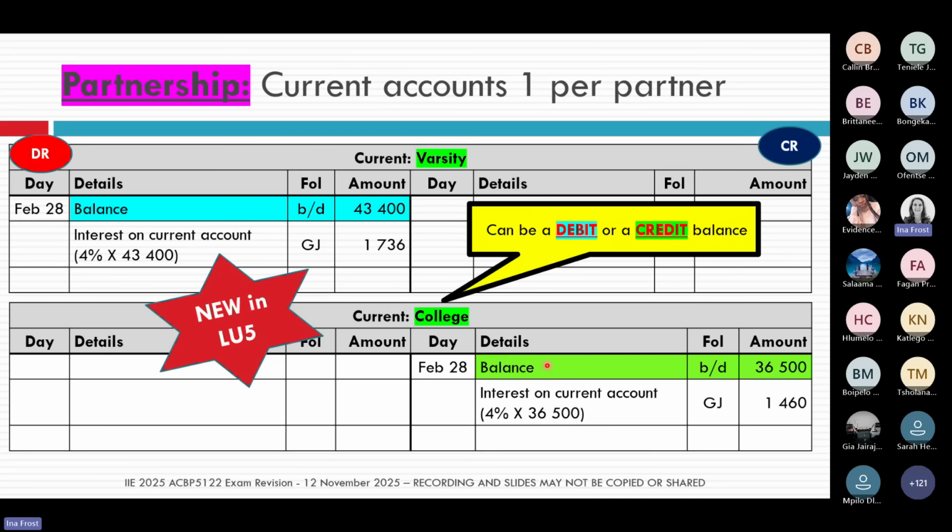Because that can vary depending on the question. Then the interest on the current account is always going to be on the same side as the balance in the current account. So partner Varsity had a debit balance, so the interest on the current account goes on the debit side. Partner College had a credit balance, so the interest on the current account goes on the credit side.